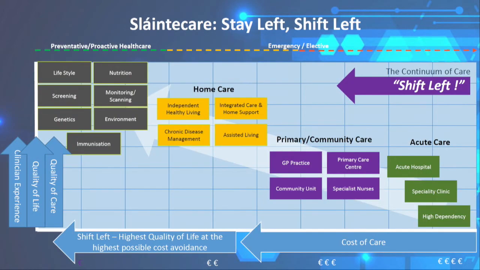So this is a pictogram of our digital innovation strategy. It's very simple. It's called Stay Left, Shift Left, but because of its simplicity, we have got tremendous pickup from the ecosystem. So we're using this to orchestrate the national digital health ecosystem.